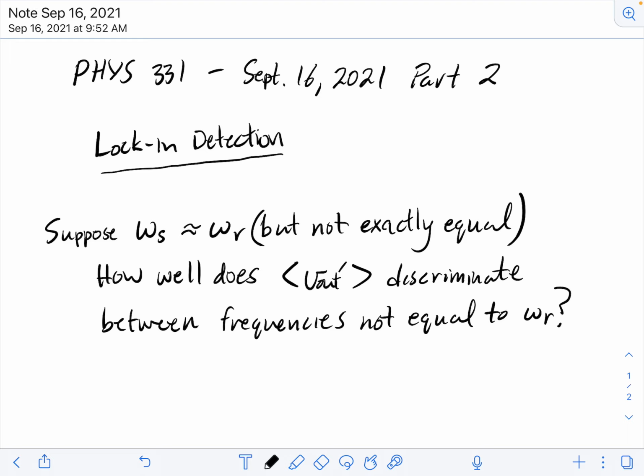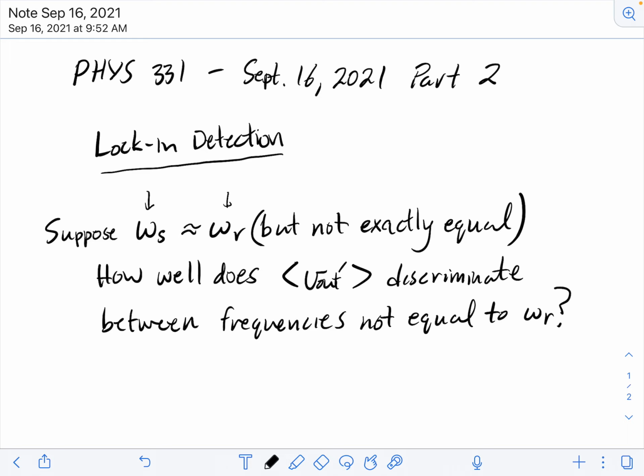What I want to start with today is to ask the question, suppose that our signal frequency and our reference signal frequency are close but not exactly equal. How well does the average of this V out prime, remember the notation, V out was the product of the reference input and the signal input.